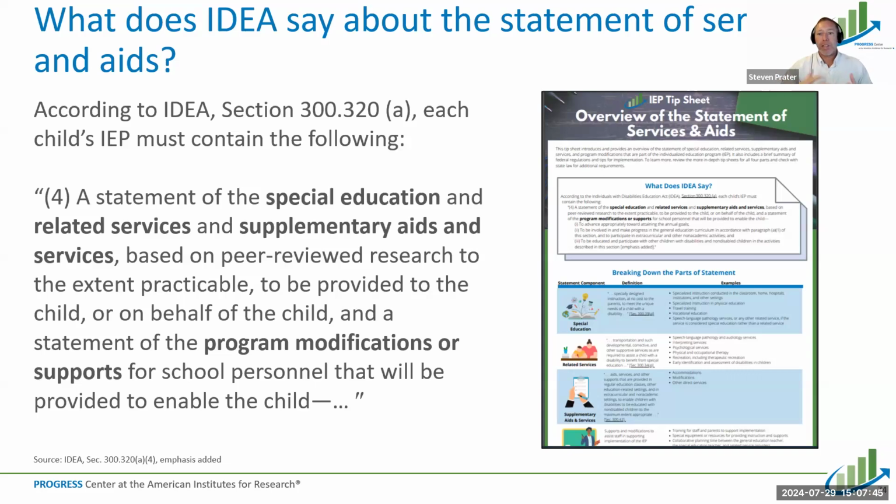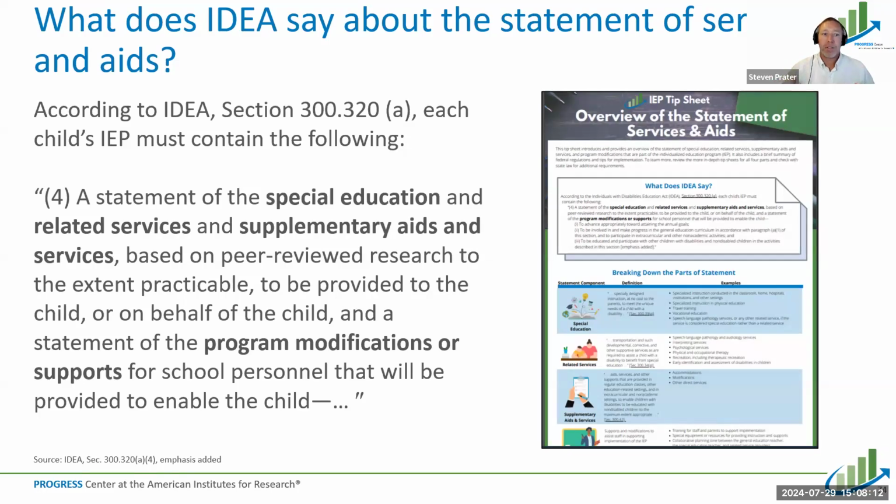We do an activity sometimes when we work with districts and schools where we help them realize what is unique about how this statement is written. If you notice, the word "and" is between all these things: special education and related services and supplementary aids and services and the program modifications or supports. The reason is because you have to consider all of those things, just like I said before.